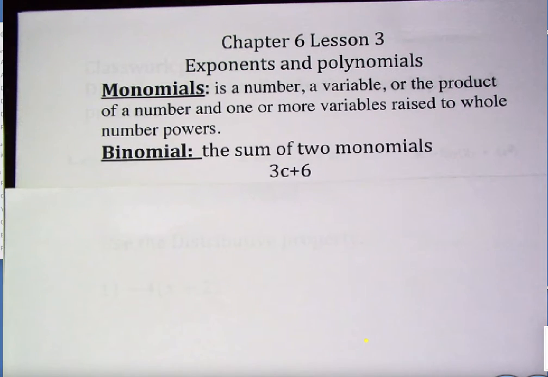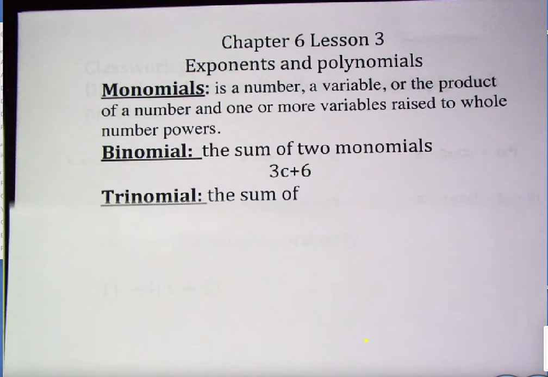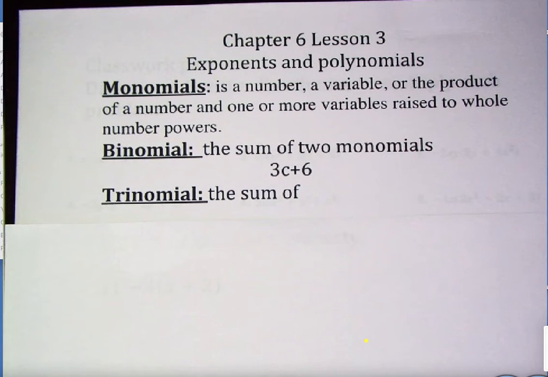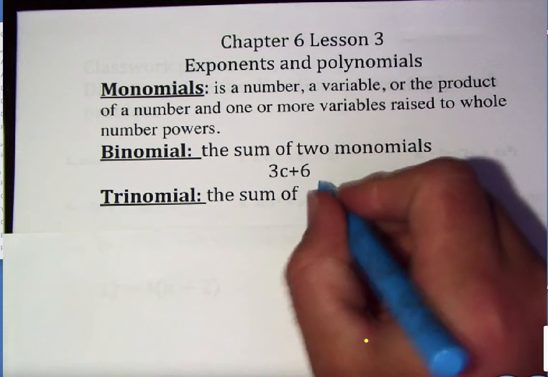We are going to talk about other types of polynomials. We have something called a binomial, which I want you to add in notes. Binomial, which is the sum of two monomials, right? Bi as in two things, bicycle, bicentennial, bisexual. It all means two, right? So the sum of two monomials. Trinomial is the sum of, any guesses now?